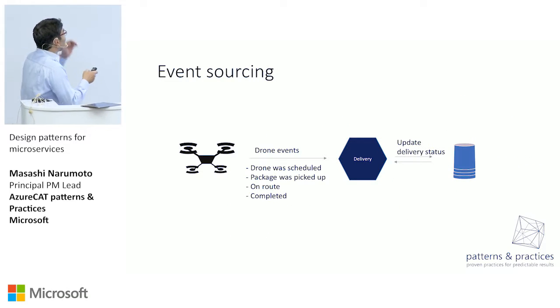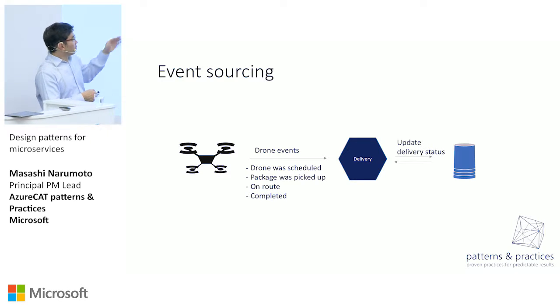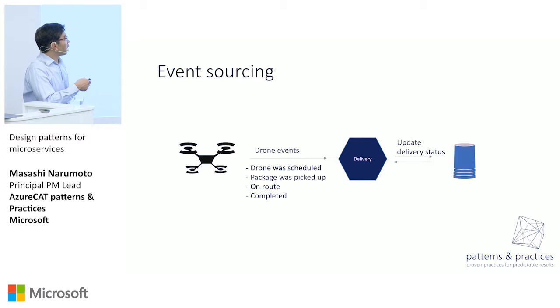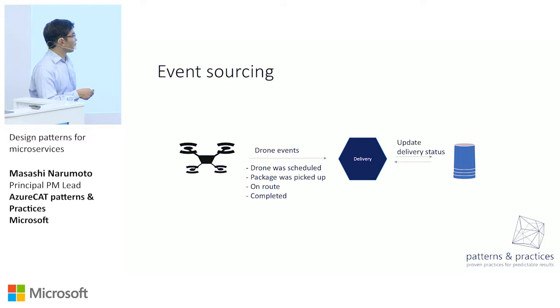So, okay, event sourcing. The drone service keeps sending events, right? Like a drone was scheduled, package was picked up, the delivery is on route, and also completed. Those domain-level events are coming from drones to the delivery service.